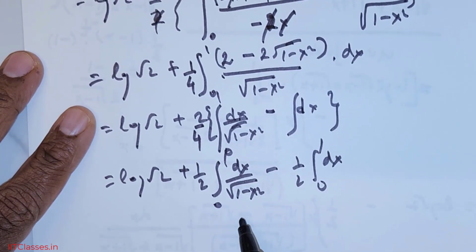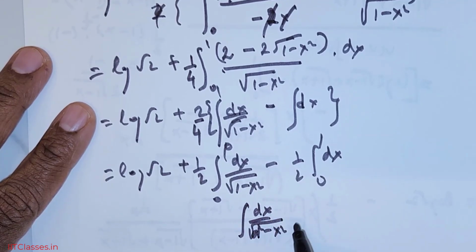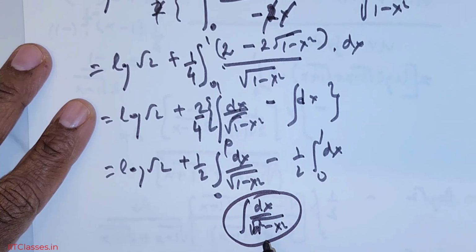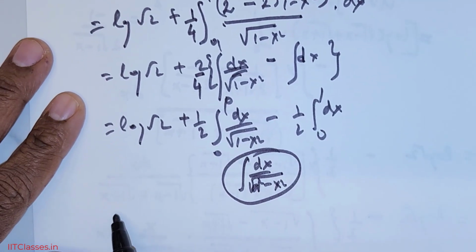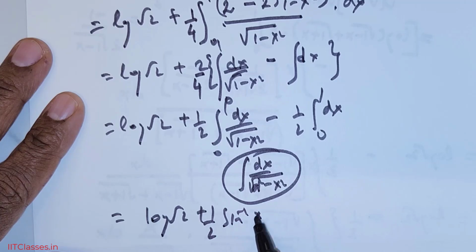So this is nothing but the form dx over root of 1 minus a squared minus x squared, right? So we can utilize the sine inverse formula. So this is going to be log root 2 plus 1/2 sine inverse of x over a. It's going to be x, just x, since a is 1 here.